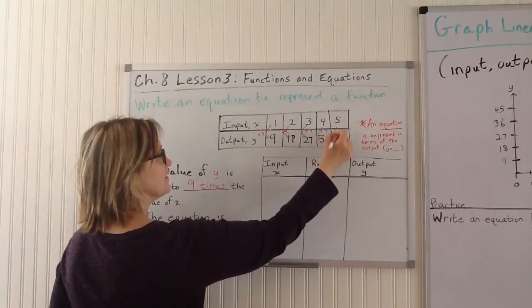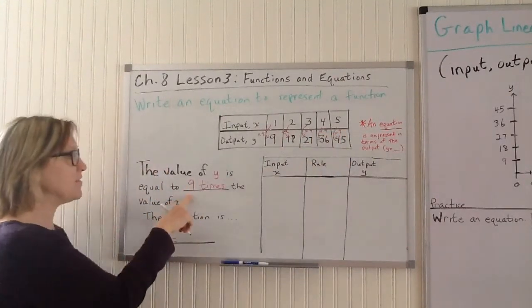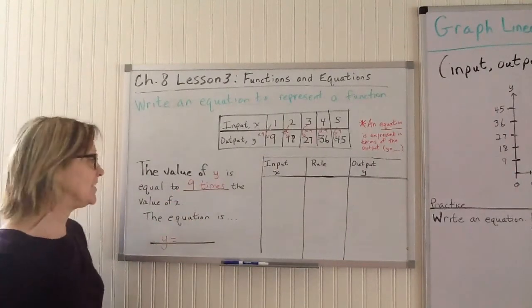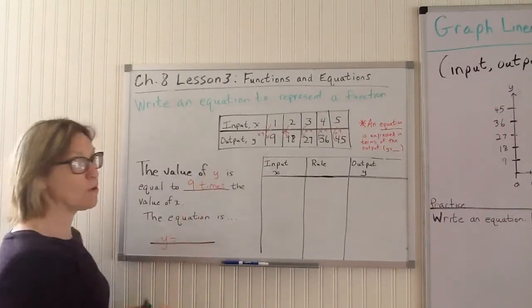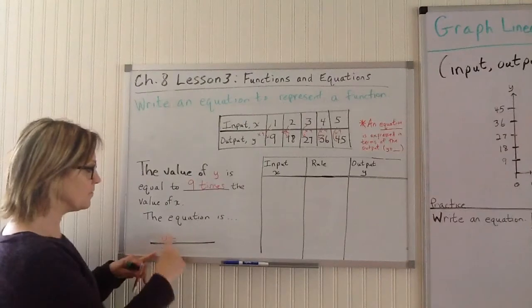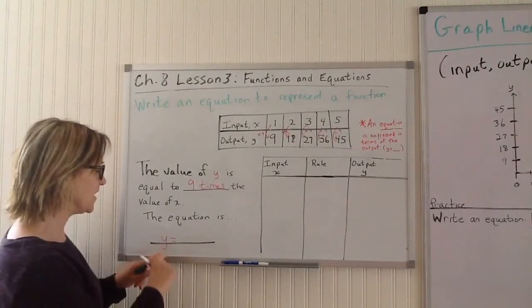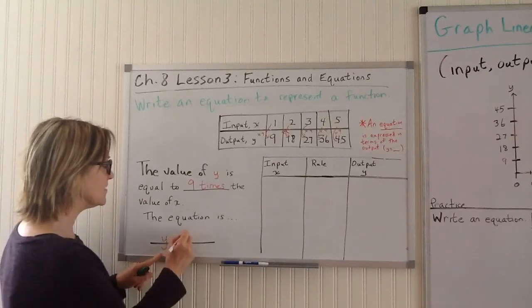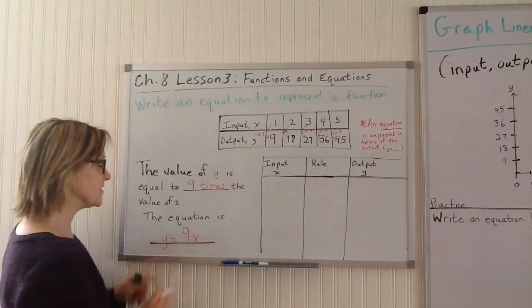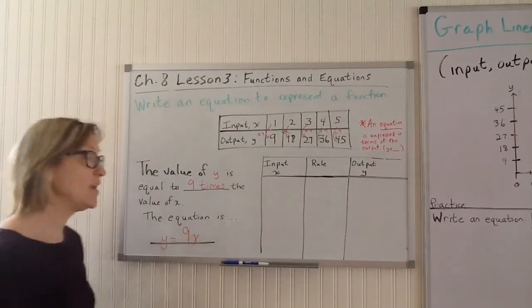Okay? So if the value of y is equal to 9 times the value of x, my equation is always going to be in terms of y. How do I get to y? What did I have to do to that x? So y equals 9x. That is my equation.